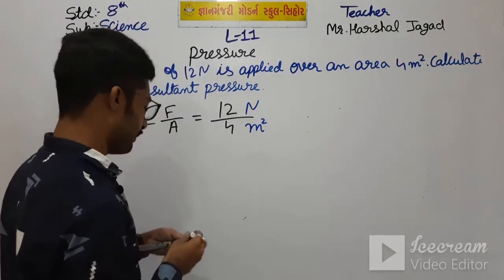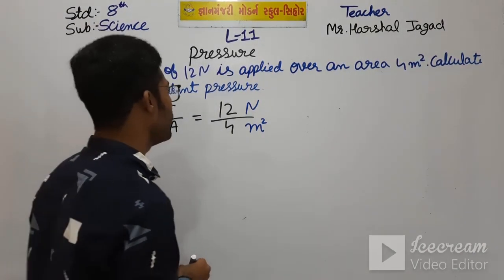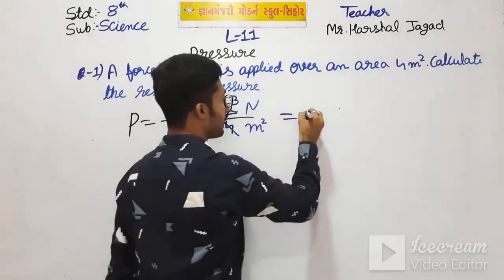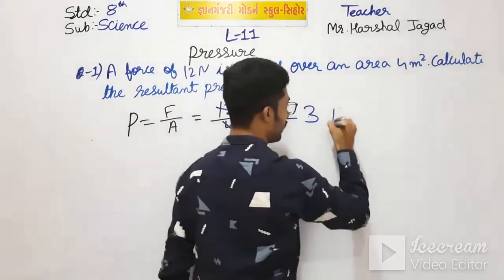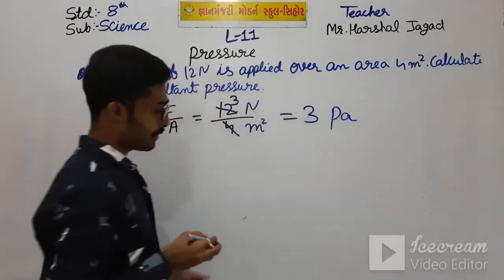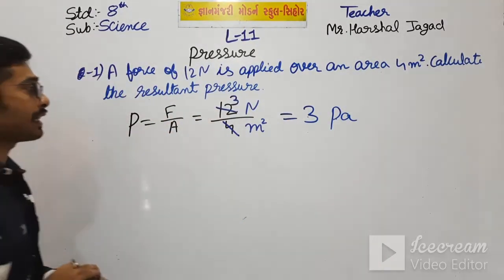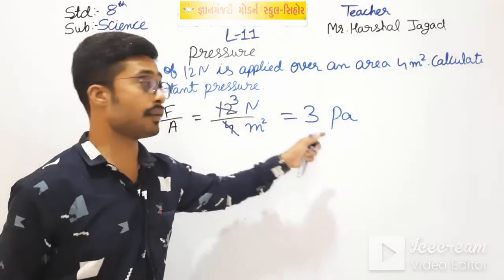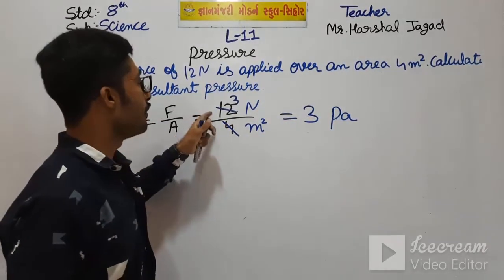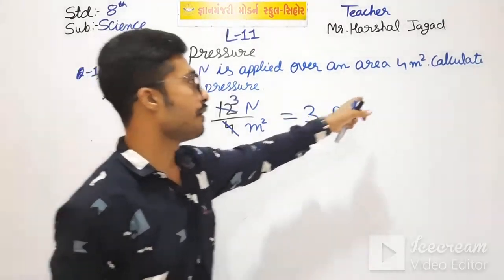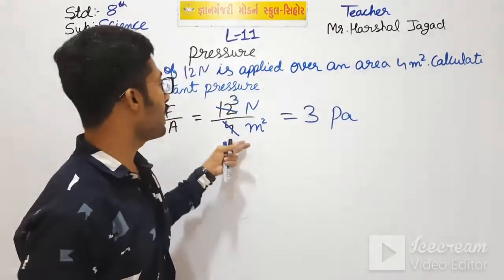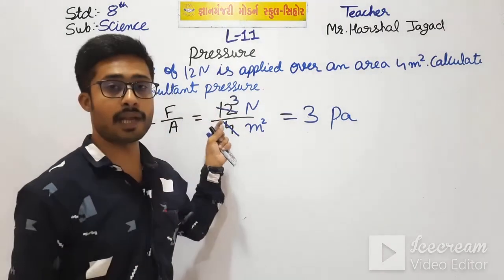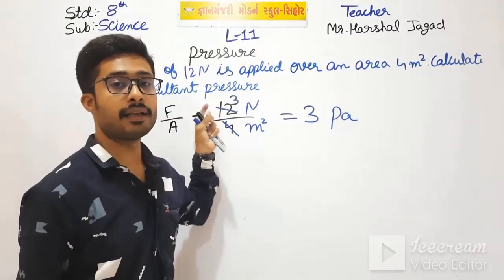So the answer is 4 3s are 12, that is 3 Pascal. Why? Because it is already in meter square and in Newton, so we just have to put the value and calculate the sum.